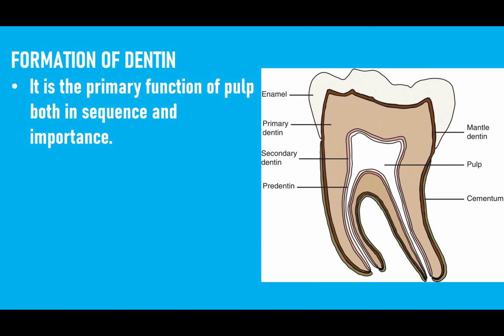In sequence because it is formed first, and in importance because it is a very important function of the pulp, because when there is tooth there will be other functions by tooth, and the dentine is the major part of the tooth. So we can say that the primary function of pulp is formation of dentine both in sequence and importance.